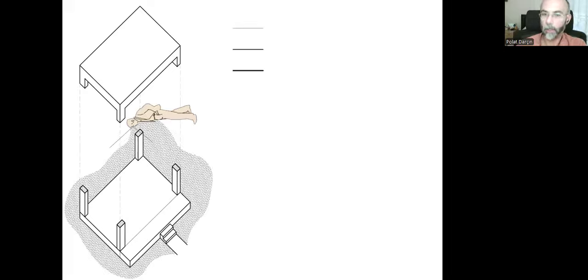The first thing that we are going to see is the cut surfaces of these four columns. And in order to indicate that, we are going to use different line weights, and the thickest, black line is going to represent the cut surfaces. Here, there is a middle thickness line, and we are going to use that for the surfaces that we see, not cut, but seen surfaces.